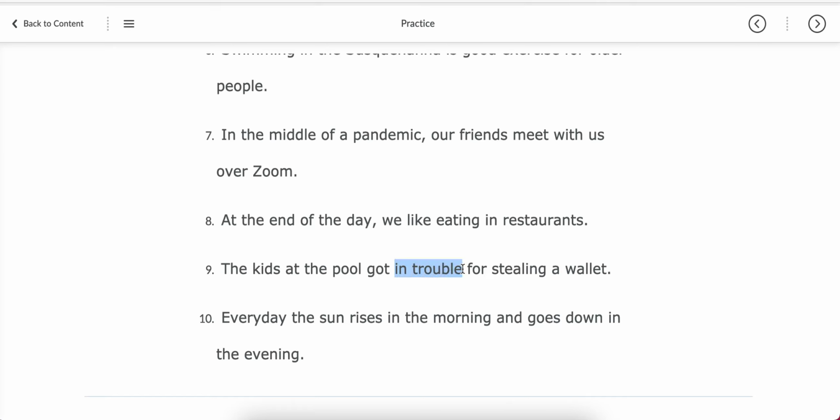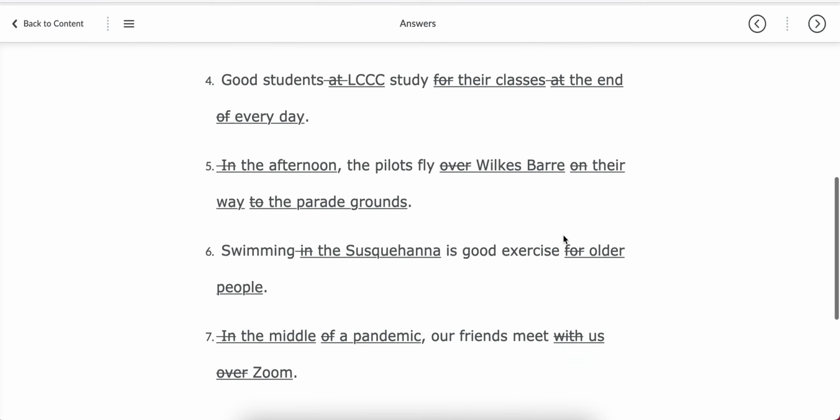In trouble. In trouble is necessary for us to understand got, but it's also a prepositional phrase. In, think of the basketball, it's in the cube, right? Now think of this. For stealing a wallet. Is this a prepositional phrase? Think about it. So let's look at number 9.